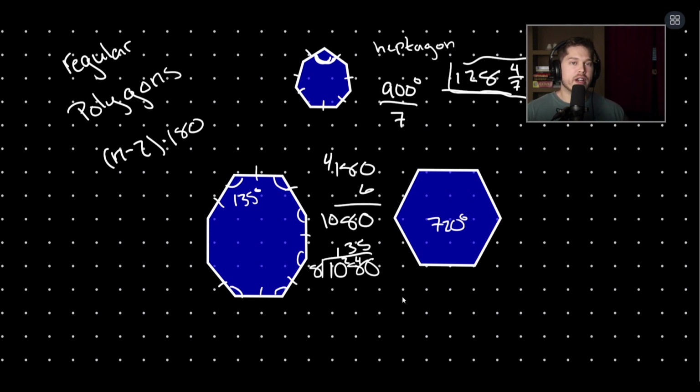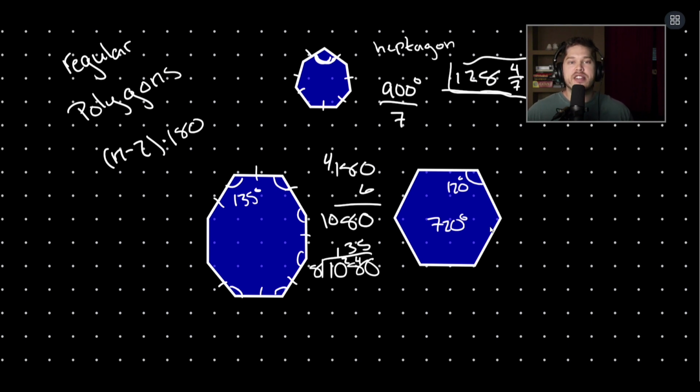We saw for that in the very beginning. If we wanted to know the length of just one of these angles, we could divide it by 6. And whenever we divided it by 6, we would find it to be 120 degrees. Okay, so each of our interior angles for a hexagon are 120 degrees.